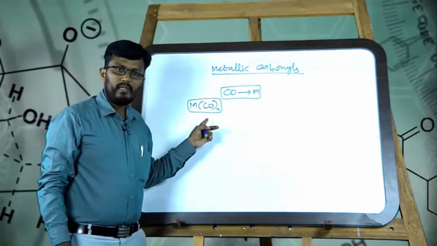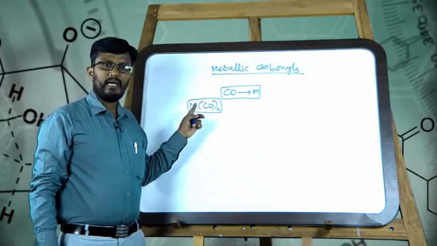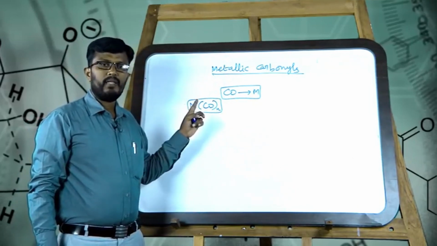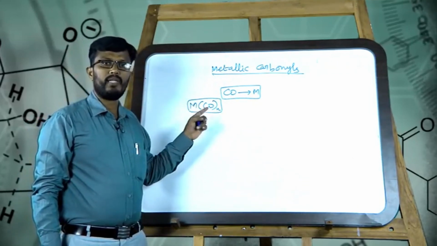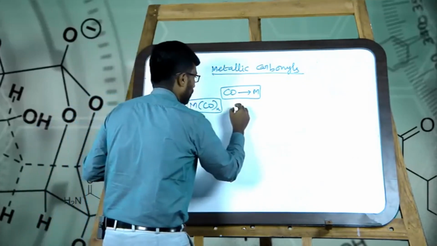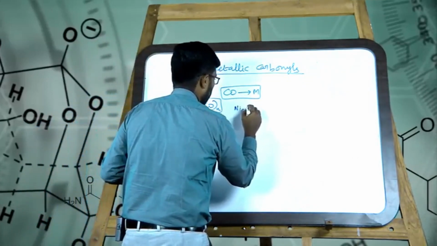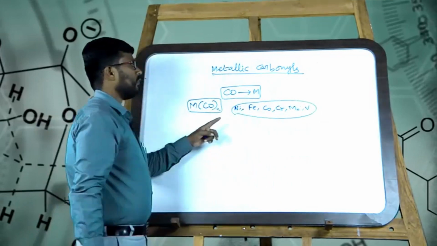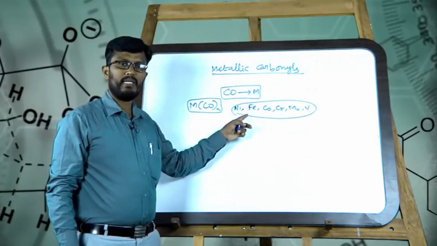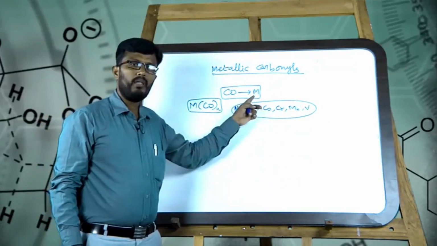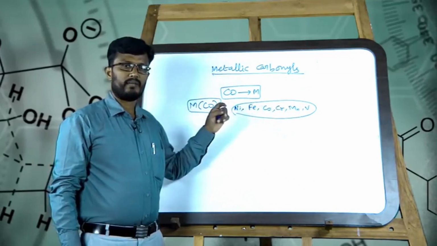In metal carbonyls, the metal is present in the zero oxidation state. The carbonyl acts as a neutral ligand. For example, nickel tetracarbonyl. In these metal carbonyls, all the metals are in the zero oxidation state.